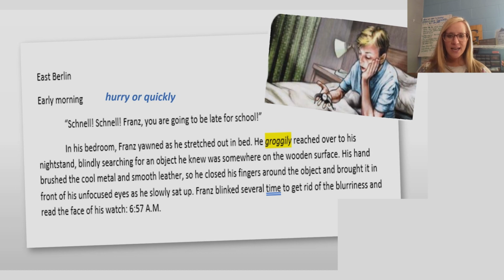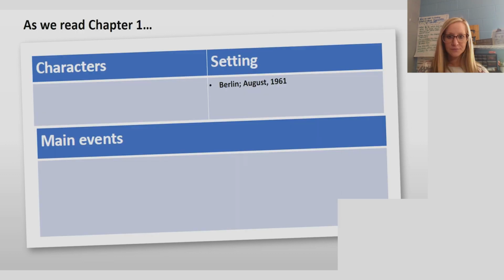So I'm picturing in the text, he's waking up and he's groping for his watch, trying to find it. So I can infer that groggily means dazed or not quite clear. Here you can see that I've added what we know so far. Franz is the character and the setting is Berlin, August 1961.